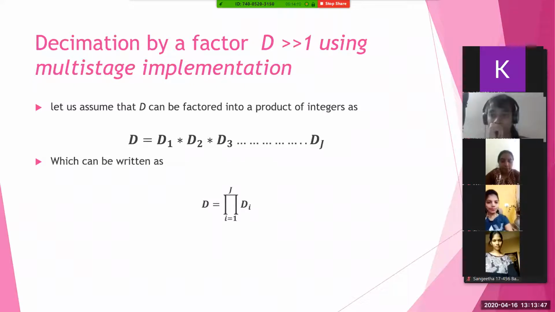If you look at this particular slide, it is the same thing. Now we are extending to a decimator. Let's assume we have a very large decimation factor. I am again factoring it into smaller integers like d1, d2, d3, etc., up to dJ, which can be mathematically written by this pi operator here.